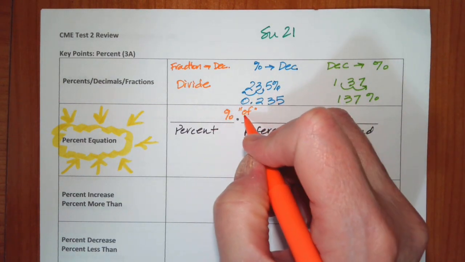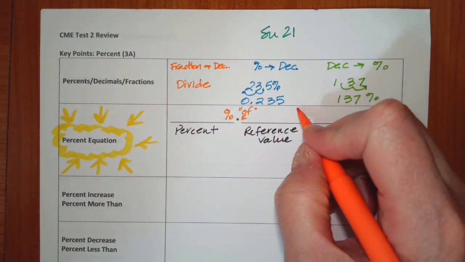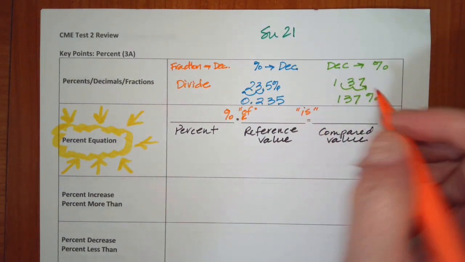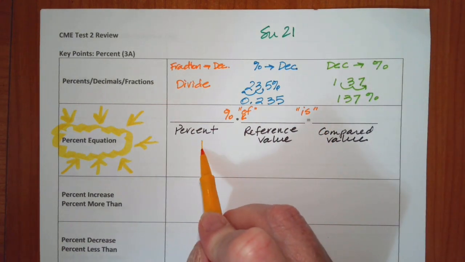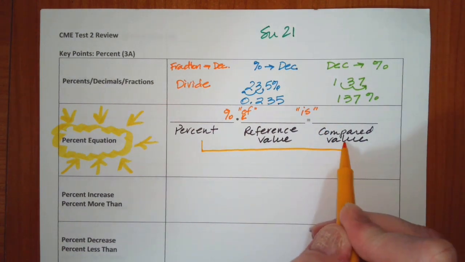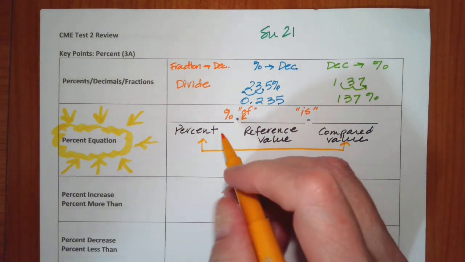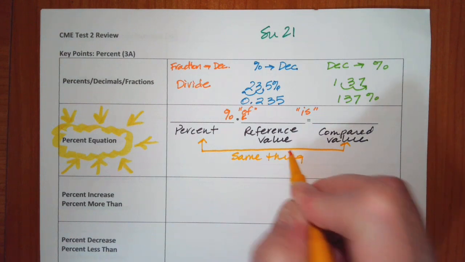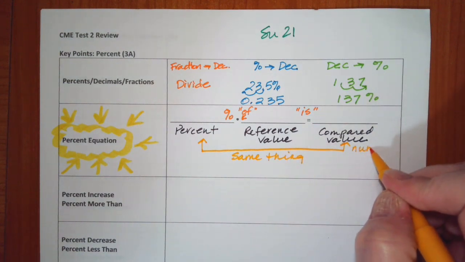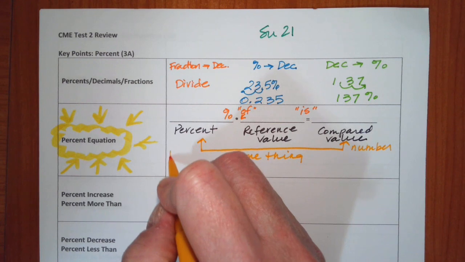The word of equates to multiply. The word is or was is the equal sign. And the thing you want to remember as you're setting this up, and what you may not remember, is that these two items are the same thing, as a number and as a percent.